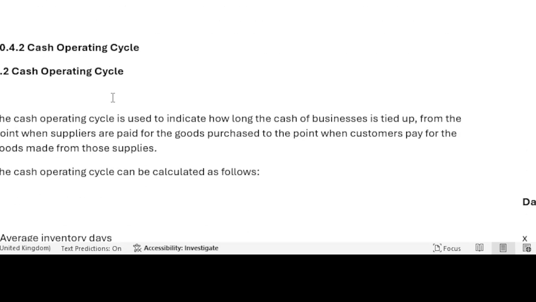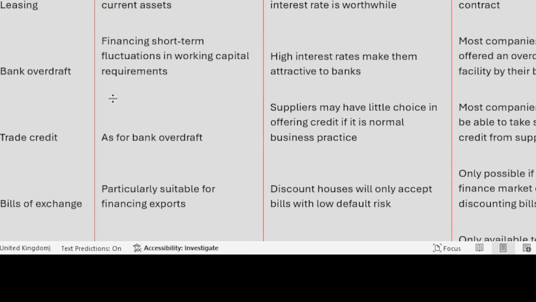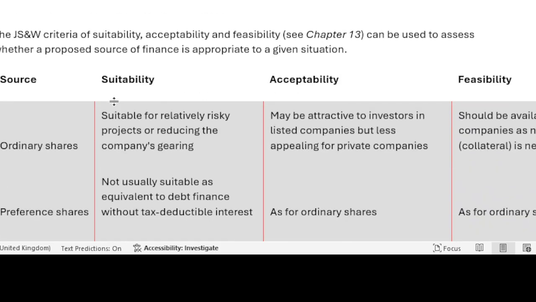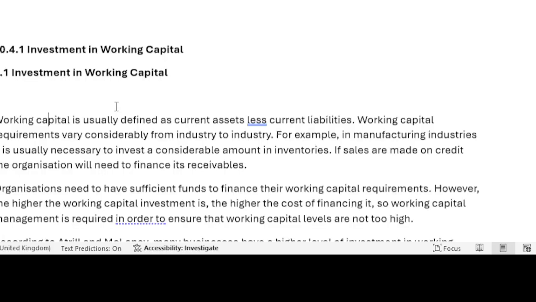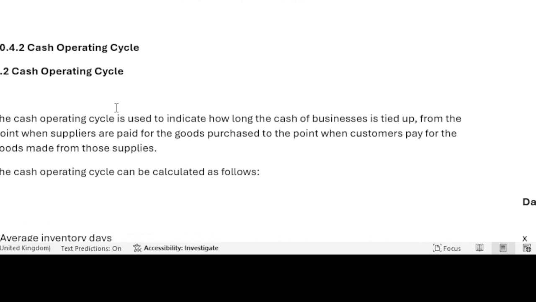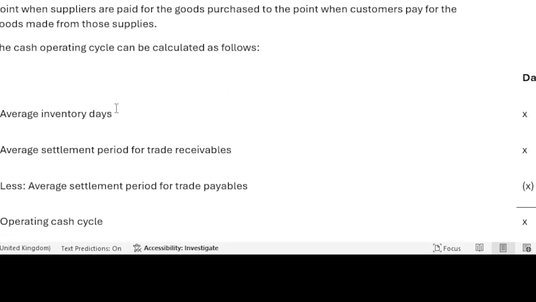Then we have something called the cash operating cycle. Have you heard of it before? Anyone who has ever heard of the cash operating cycle from financial management? It's how much time we take for the funds we've used in purchasing something.